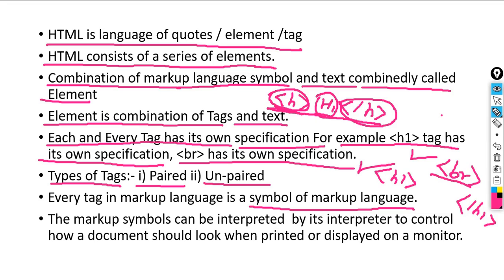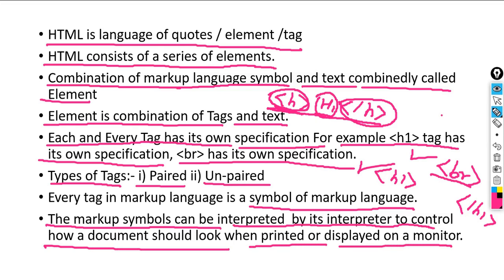Already I have explained every browser has three parsers. What are those? HTML parser, CSS parser and JavaScript parser. The markup symbols can be interpreted by their interpreter to control how a document should look when printed or displayed on a monitor. Okay, so this was the whole story of HTML.